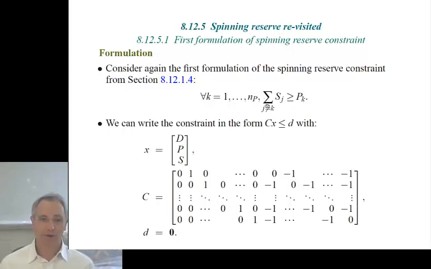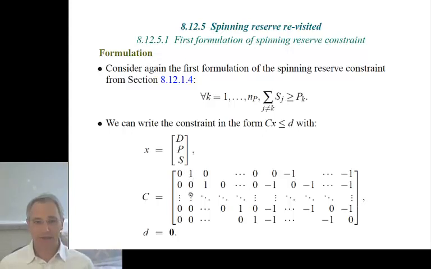We can write that constraint in the form Cx less than or equal to D. We need a decision variable that includes the demand, the real power generations, and the spinning reserve. And if we define a matrix C that looks like this, its first column is all zeros, reflecting the fact that the spinning reserve constraint does not involve D directly.